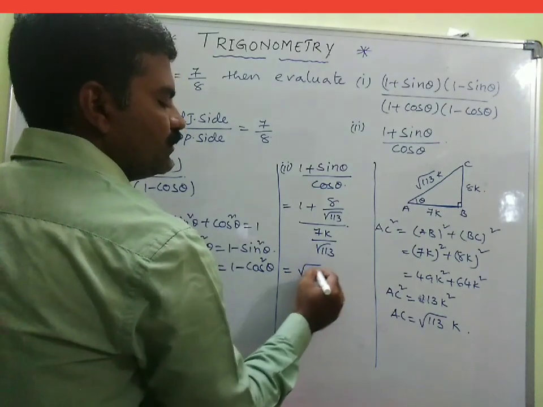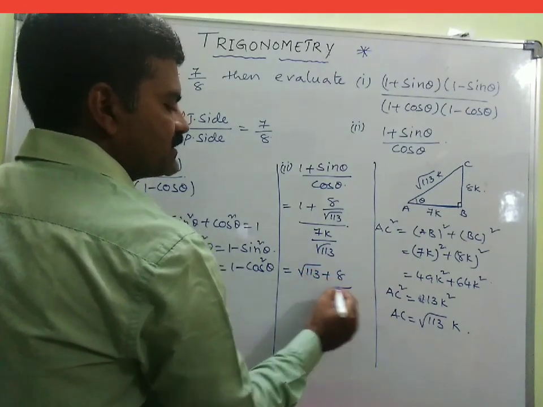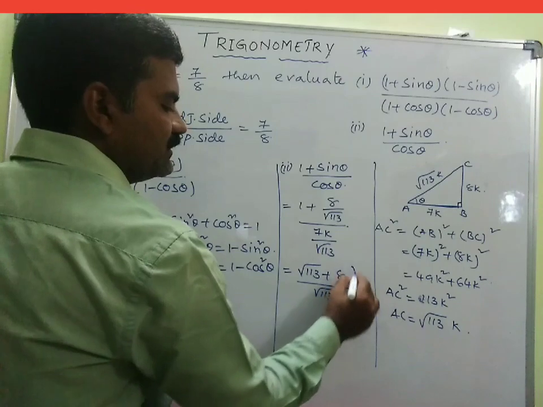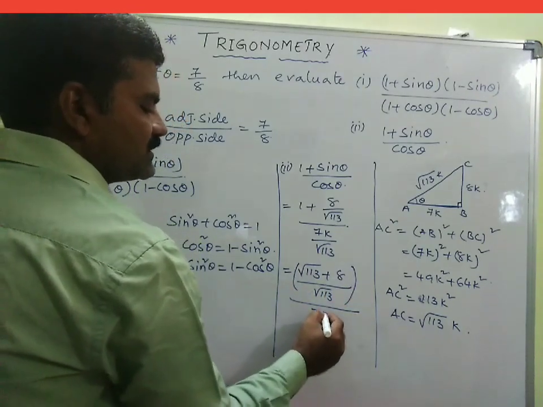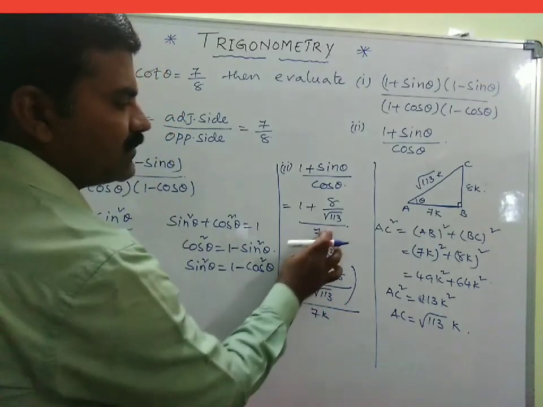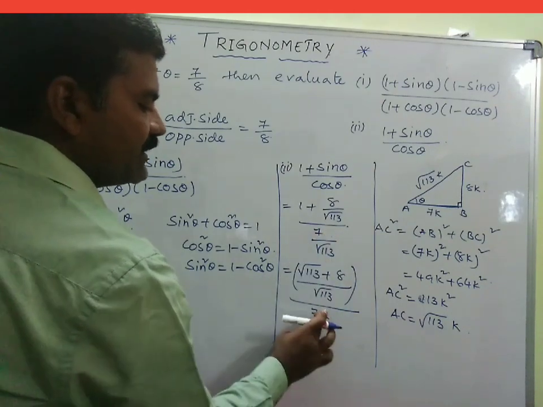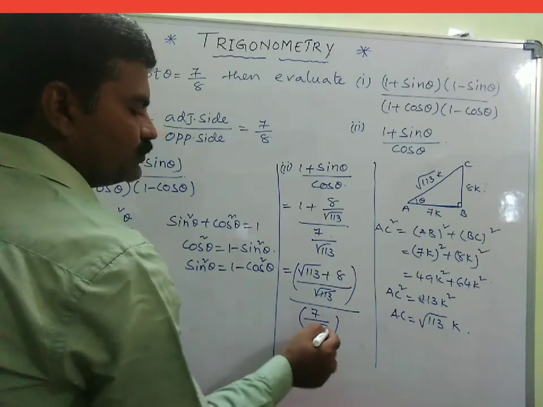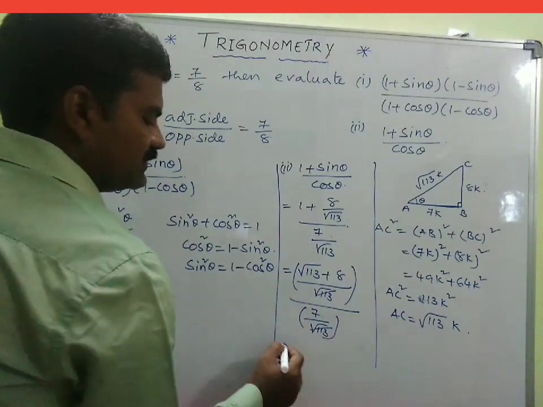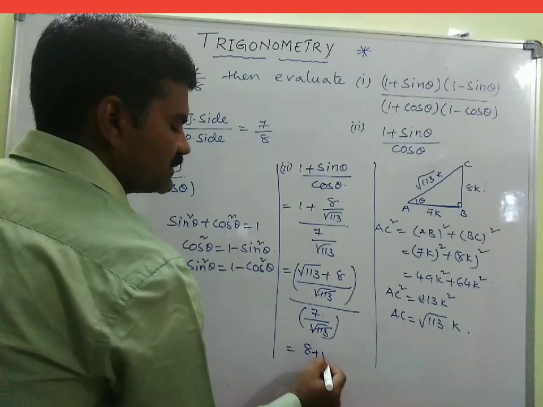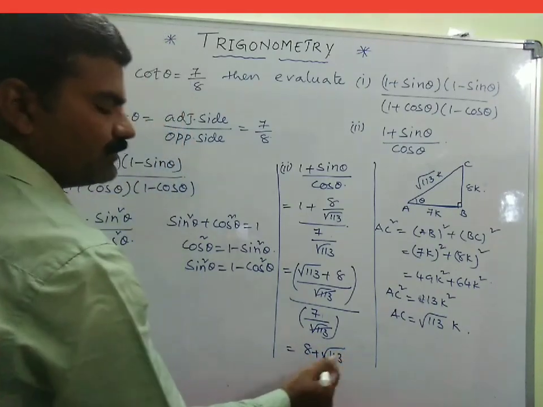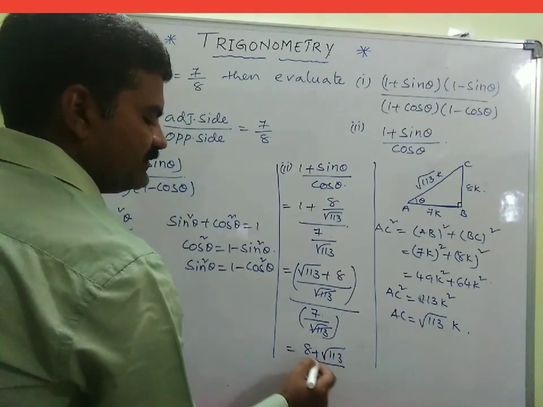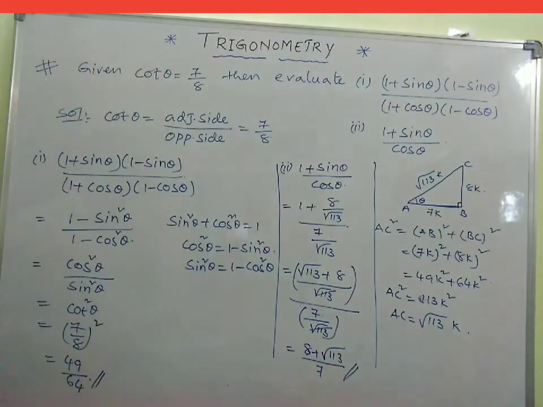So this is (root 113 plus 8) by root 113 whole divided by 7 by root of 113. The k can be cancelled, and root 113 cancels. We don't know the value of root 113, so leave it as it is. So finally it is (8 plus root 113) by 7.